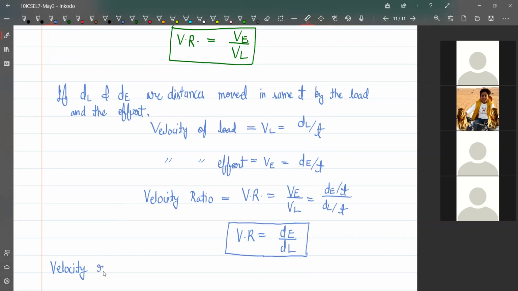Okay, note this down. Velocity ratio can be written in a new definition form.